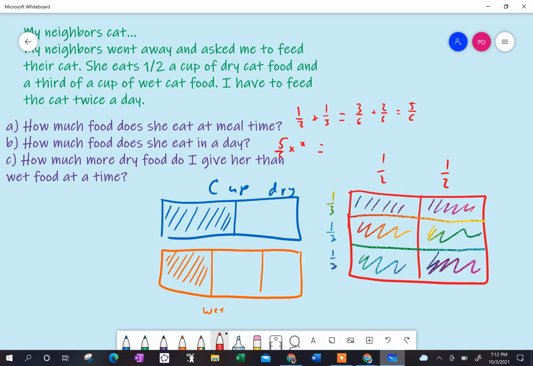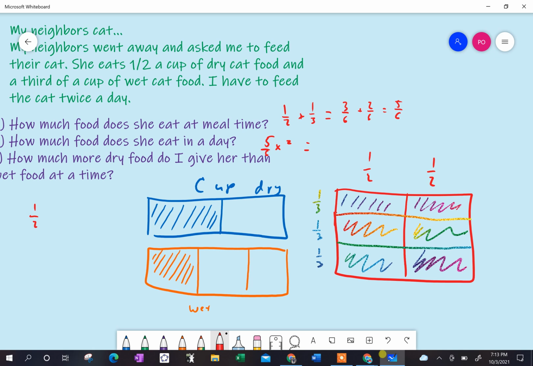The last question I had was, how much more dry food do I give her than wet cat food? Well, let's see. She had half a cup of dry and 1/3 cup of wet. So 1/2 minus 1/3. Well, we already said that 1/2 was 3/6 and 1/3 was 2/6.